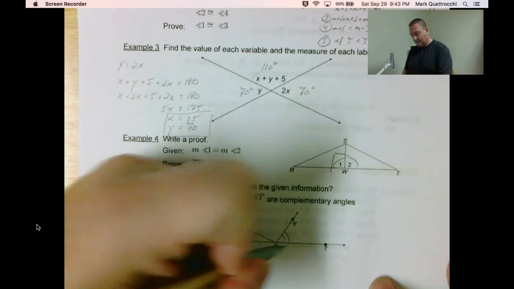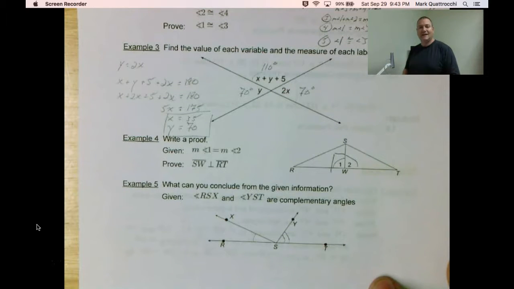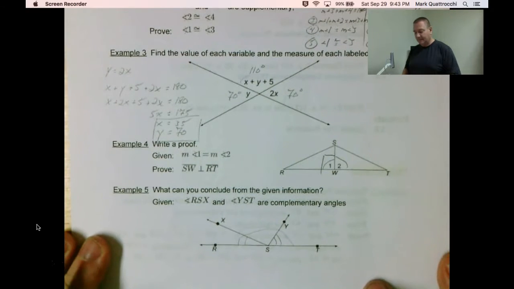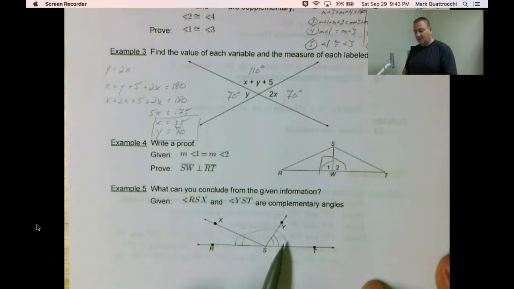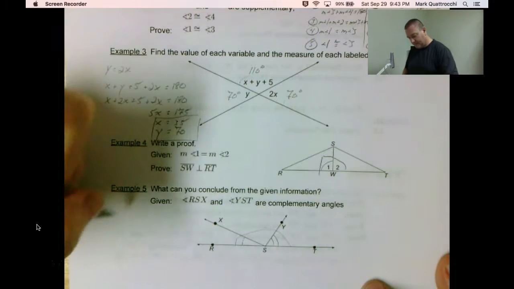Add these two together, I get 90 degrees. That's what complementary means. If I add all three angles together, then I get 180 degrees. I get the straight angle RST. Well, if two of those three angles already add up to 90, the third angle must be 90.